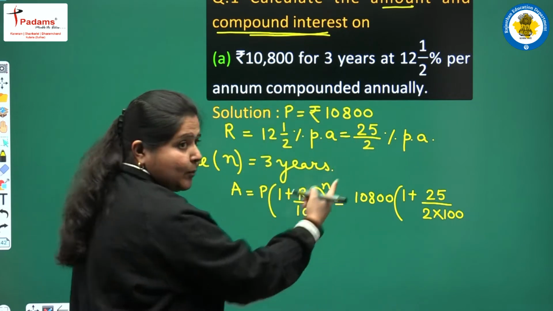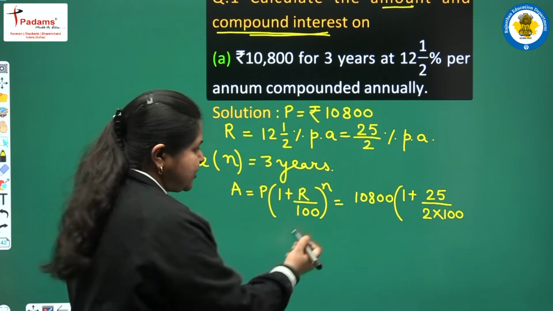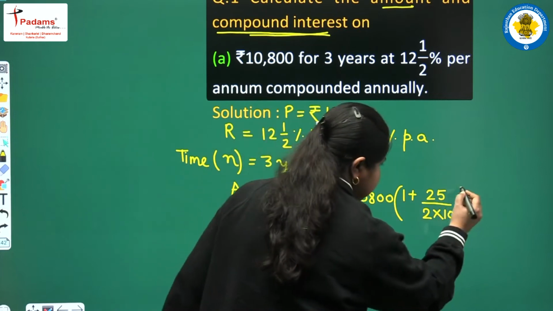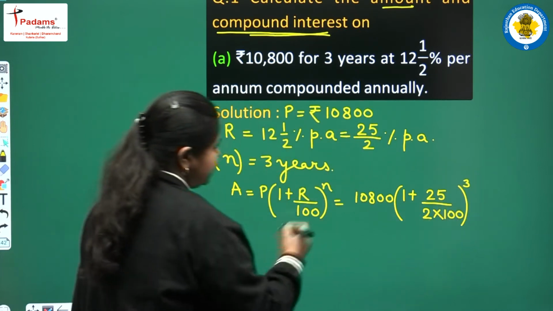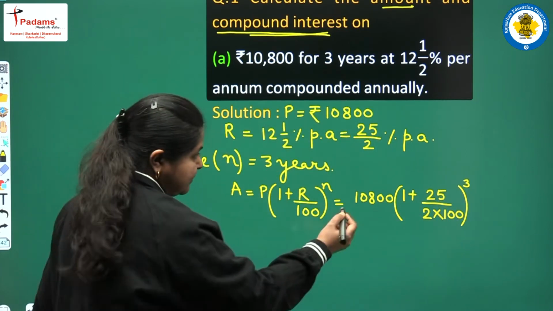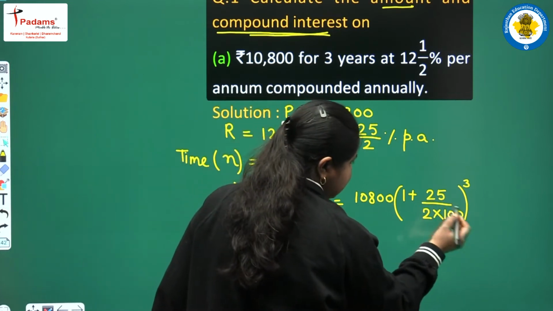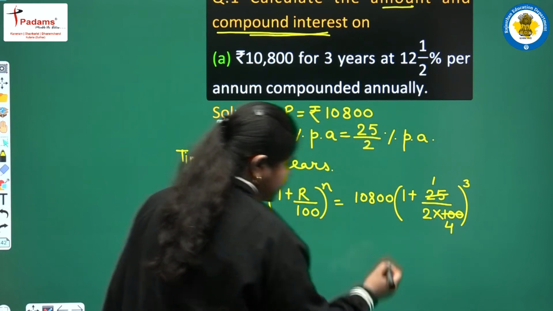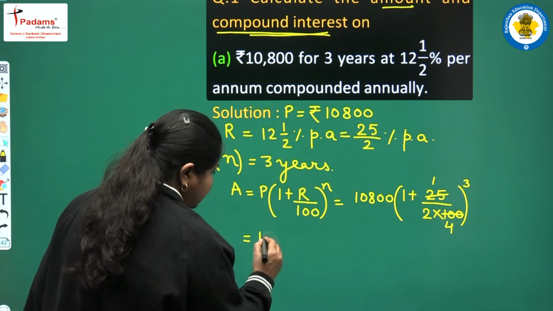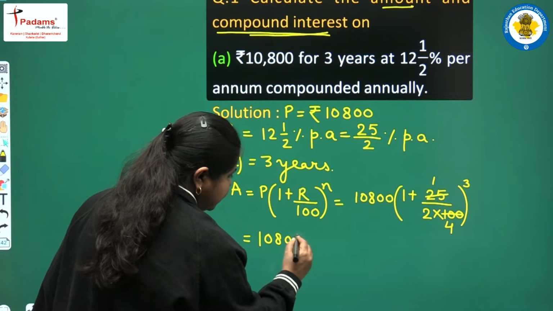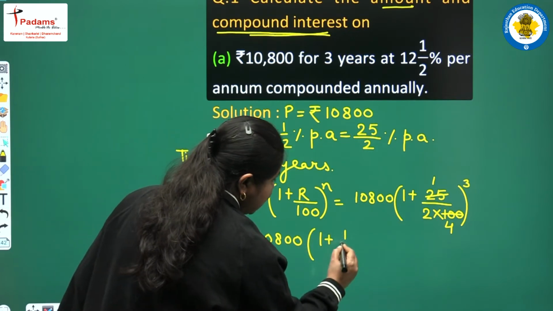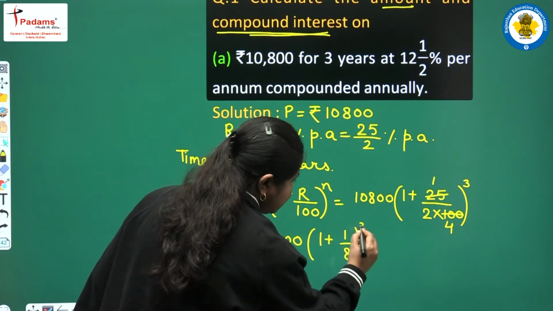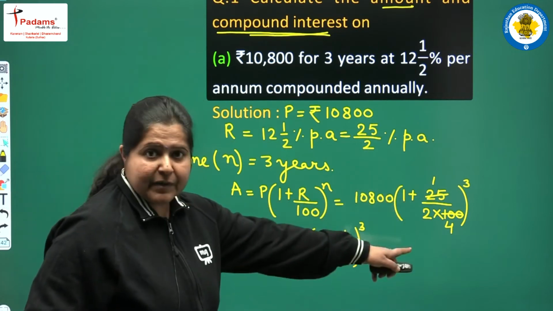This 2 in the denominator will be multiplied with this 100, and then in the power we have 3, which is the time here. Now simplify 25 and 100, they can be cancelled. 25 1s are 25 and 4 times 100. So here we have 10,800 into 1 plus 1 upon 8 raised to power 3. We have simplified this.